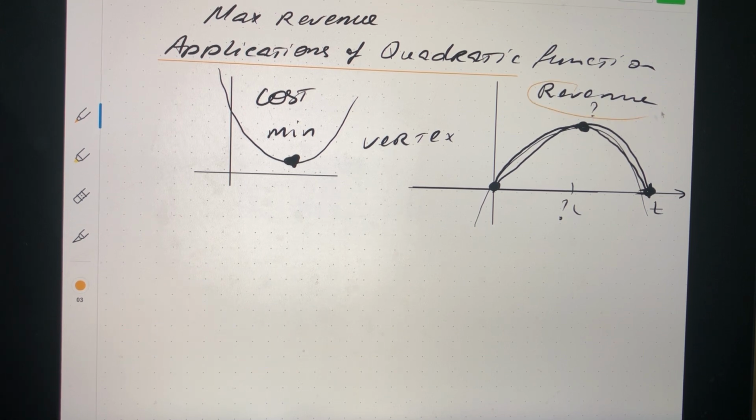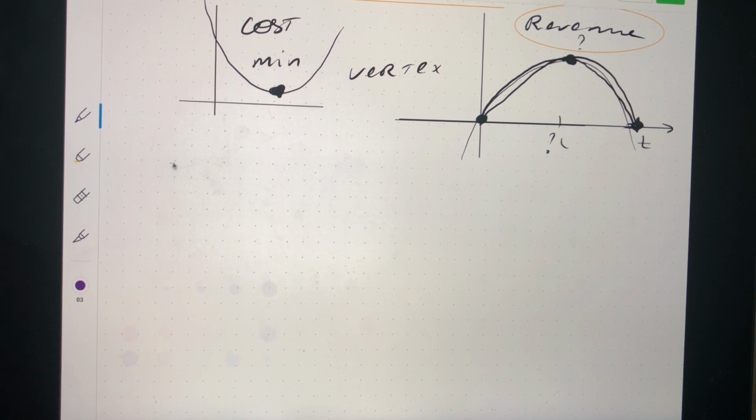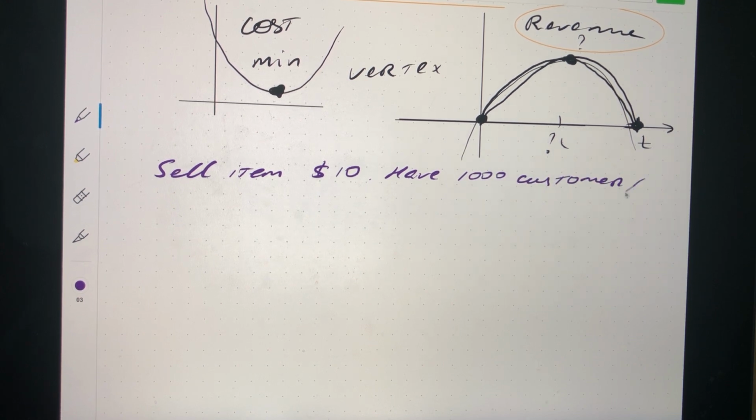This would be a maximum revenue application. Let's suppose, just for pretense, that we can sell a particular item for $10. And at that price, we have 1,000 customers per month. So if we charge $10 a unit, we can sell 1,000 units.